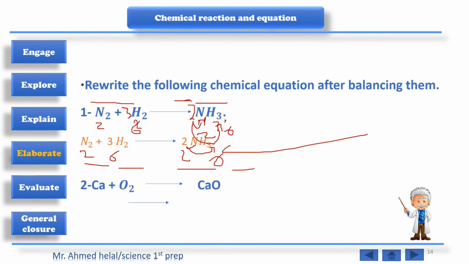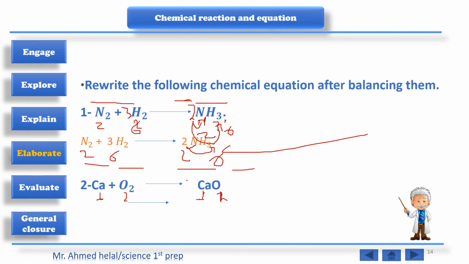Here we have Ca plus O2 equals CaO. How many calcium atoms? Yes, here we have 1. And how many oxygen atoms? Here we have 2. Here we have how many calcium? Yes, 1. And how many oxygen atoms? Here we have 1. What should we do? Here we have 2, and here we have 1.